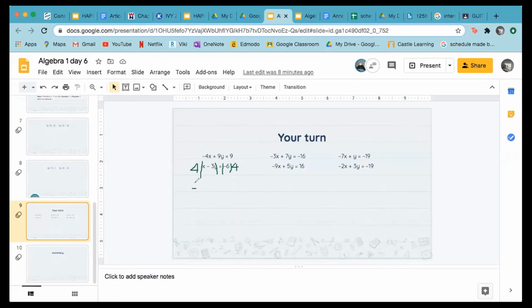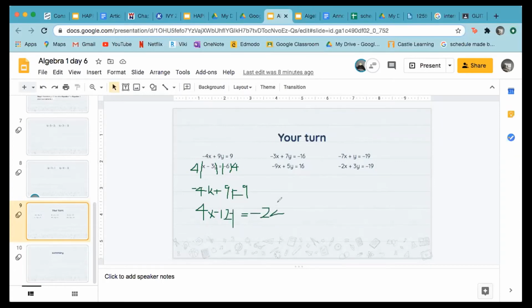So using that, I would get 4x plus 9y equals 9. And then, distribute the 4, I would get positive 4x, negative 12y, and then equals negative 24.